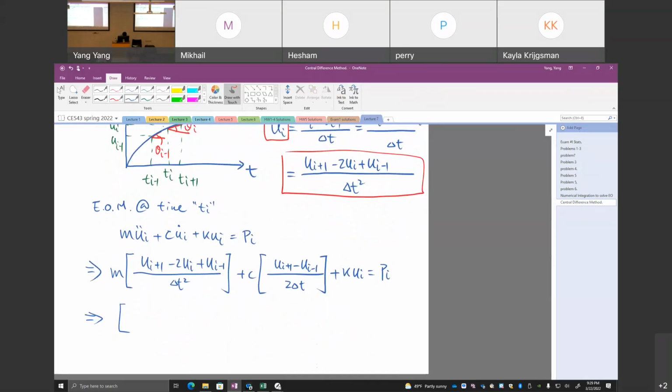We combine all the coefficients for the displacement u at i plus 1.